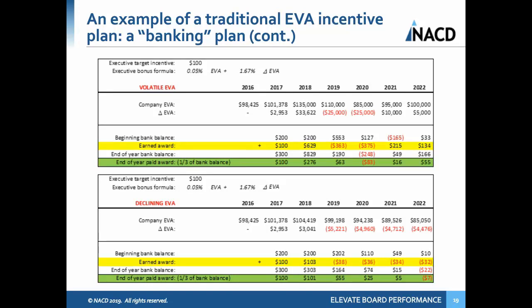But what happens is we start to highlight some potential issues with a plan that has set up its goals on kind of autopilot and is set as just a percentage of a couple metrics over time for a volatile measure. One is that a few bad years of EVA performance can severely deplete a bank balance.